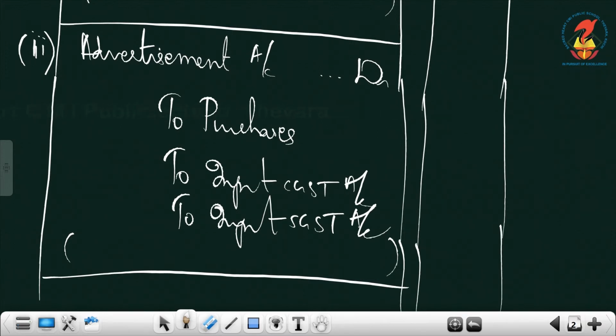Here the goods figure is 3000. On that you will compute 9%, so it is 3000 into 9 by 100. Altogether you can write the total on the debit side.